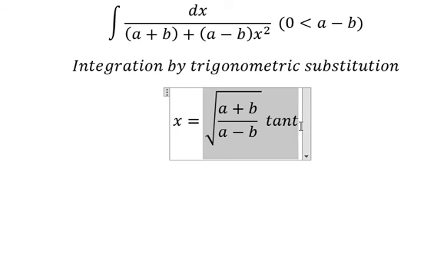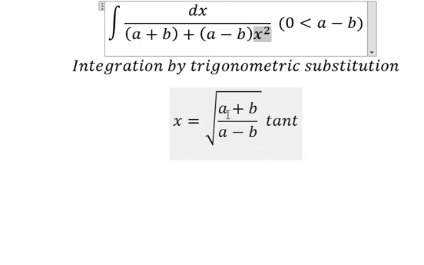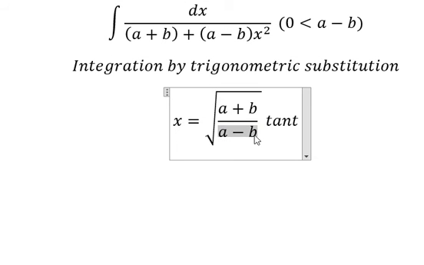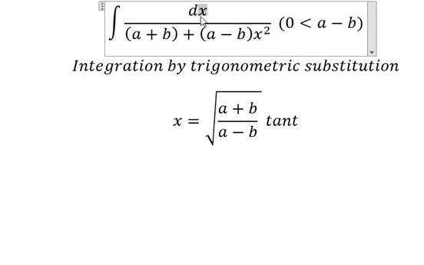Because if I put this in here, you get (a plus b) over (a minus b) tan t squared. A minus b simplifies with a minus b, and a plus b we can factor. 1 plus tan t squared gives secant of t squared, and later we simplify by ds.